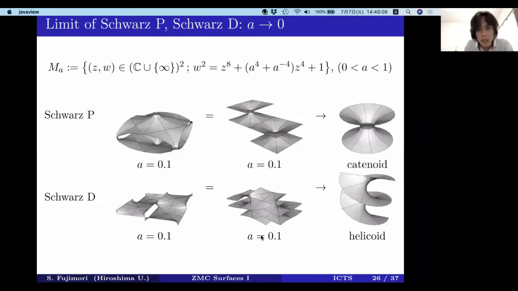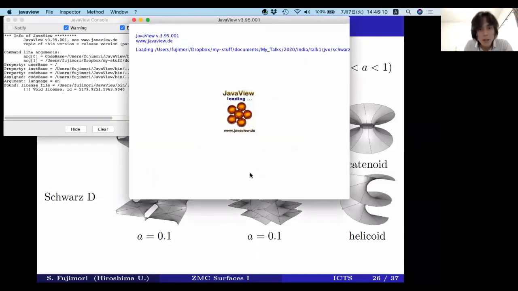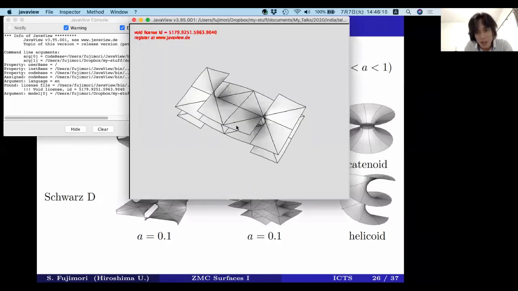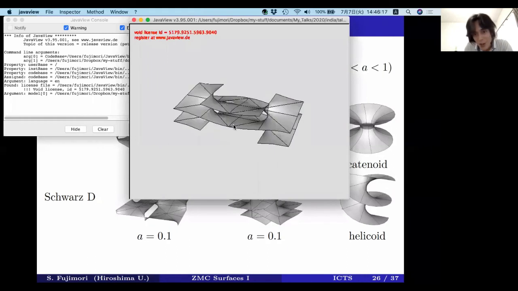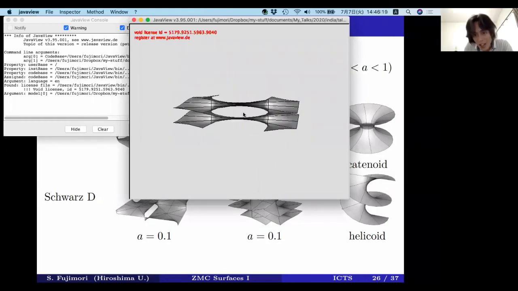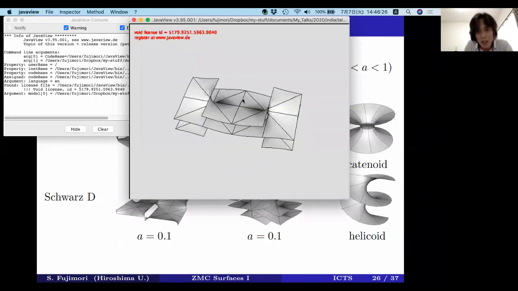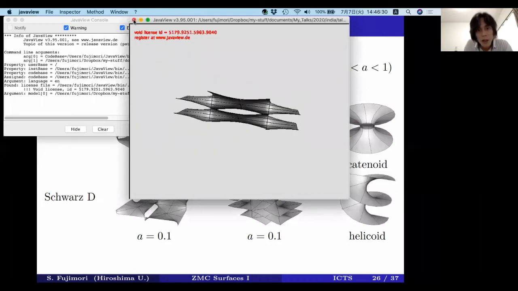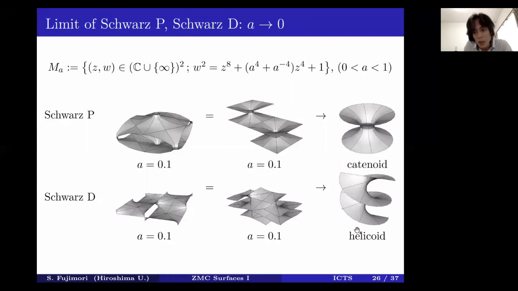And you see, now the surface looks like a parking lot. So here, the surface looks like a helicoid, and this surface is also a helicoid. So two helicoids connecting along this geodesic. And when A goes to 0, we get helicoids as a limit.